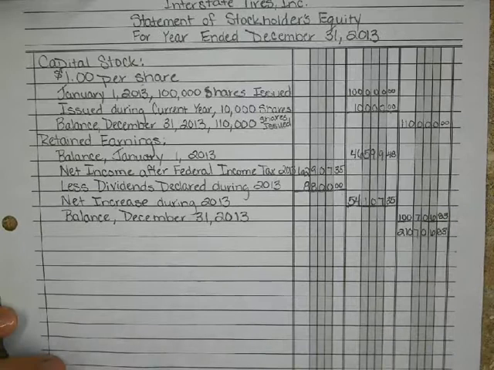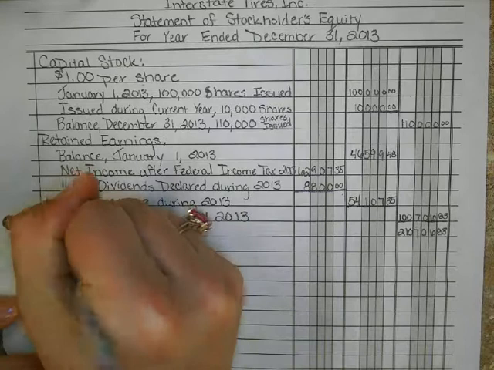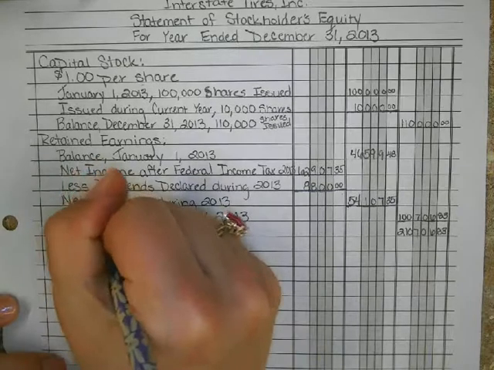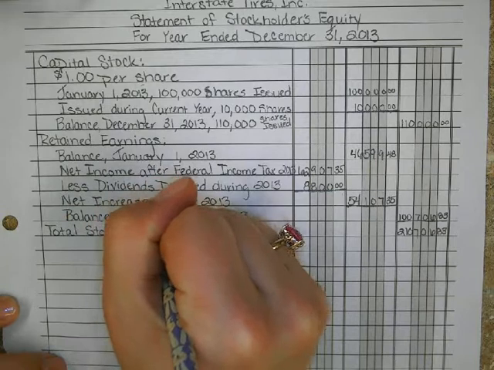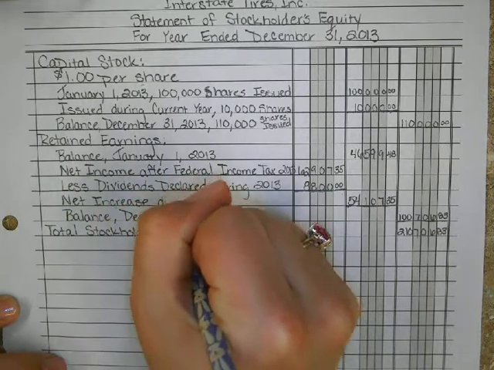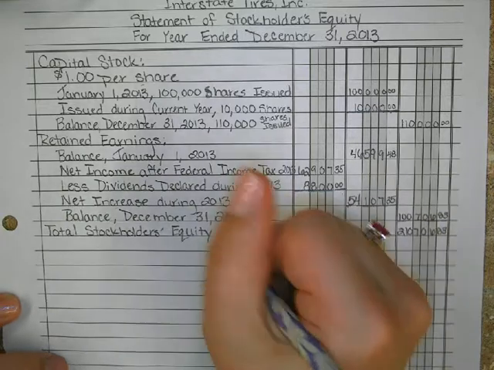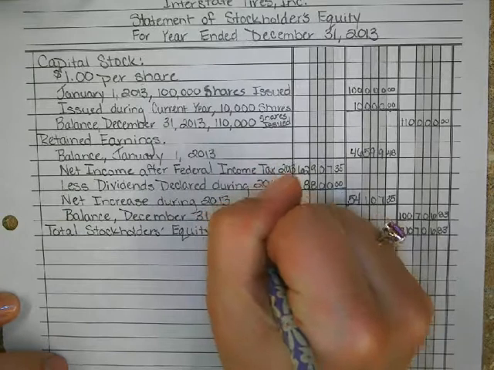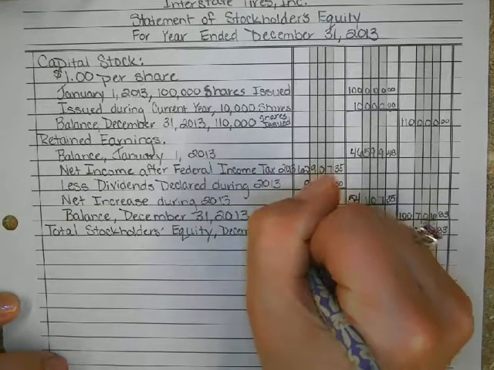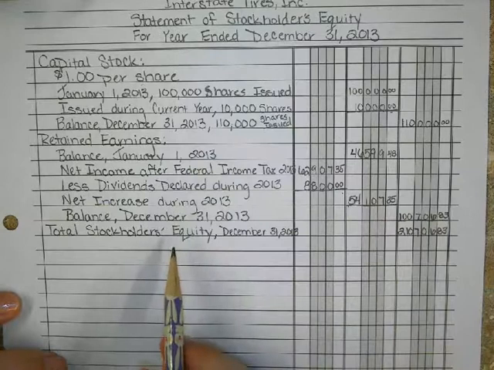My total stockholders' equity. Is that all I write there? Total stockholders' equity? No. What else do I put? End of the year, December. I need to put the date in there as well. So this is saying this is my total stockholders' equity at the end of the year, December 31st.